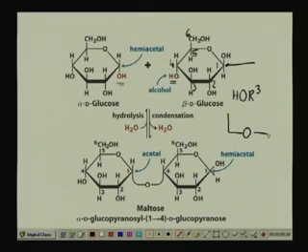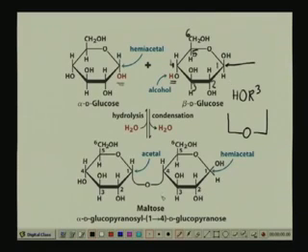In this case it is up. Is that clear? So what we have is, we had our glucose. It has cyclized to form the hemiacetal. We are now linking it with another monosaccharide moiety to form a disaccharide.